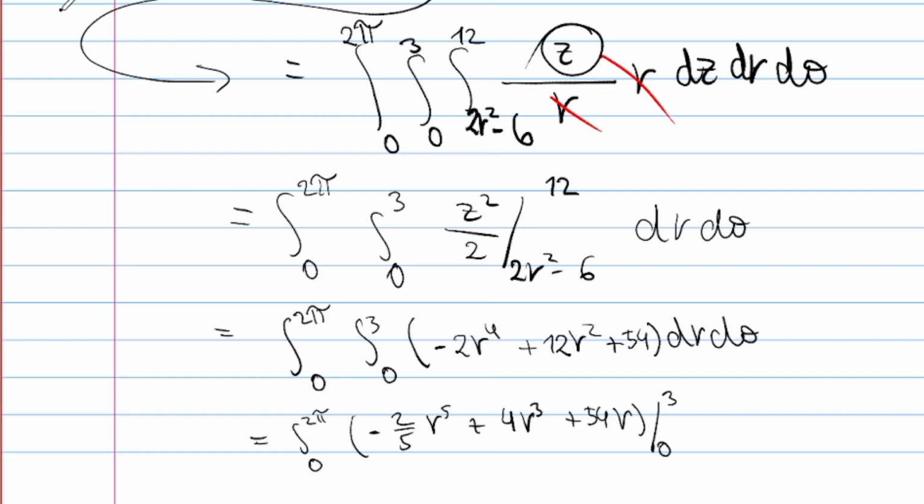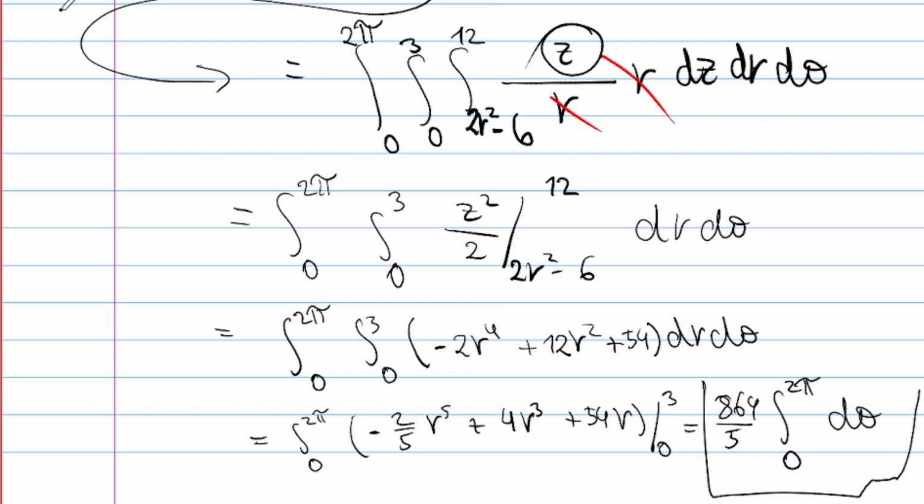Okay, here you're going to get 864 over 5, and this I won't solve. I can't solve these things, guys, and this is the answer for me.